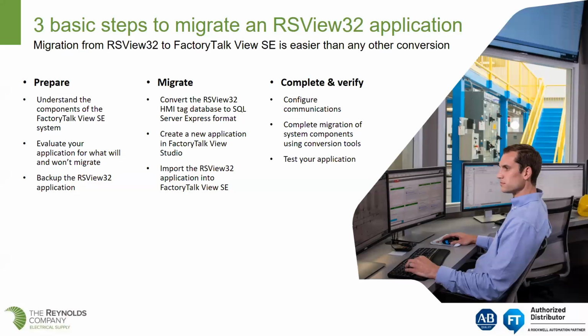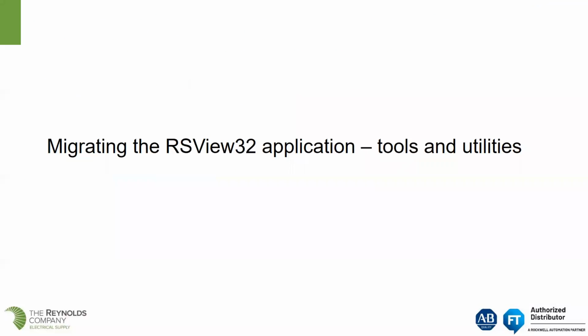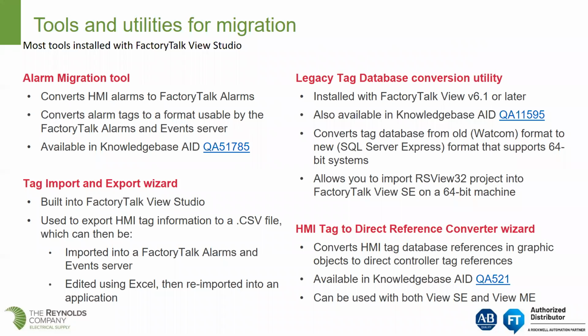So preparation is everything. It'll save you a lot of trouble. There's also a lot of tools and utilities for migrating RSView32 applications. A lot of those tools have been implemented and integrated into the latest revision of FactoryTalk View Studio Enterprise, the development software for FactoryTalk View SE.